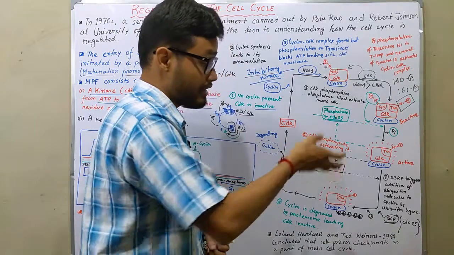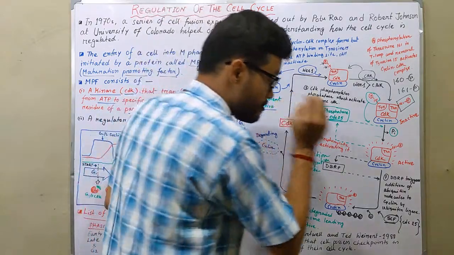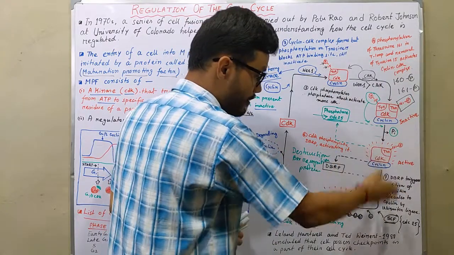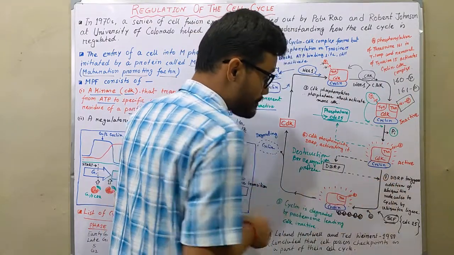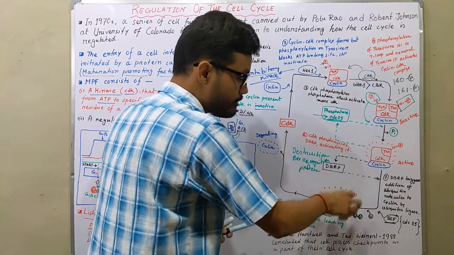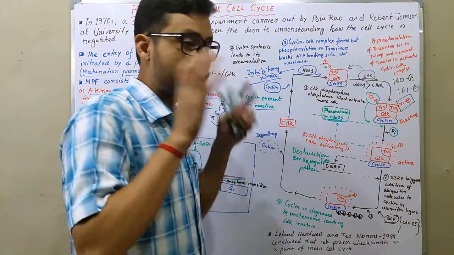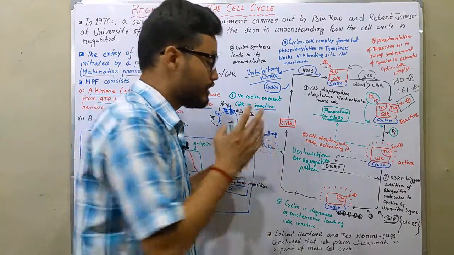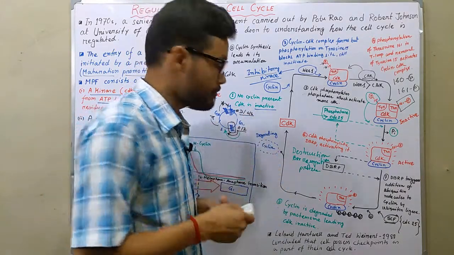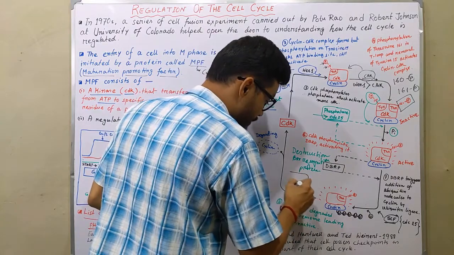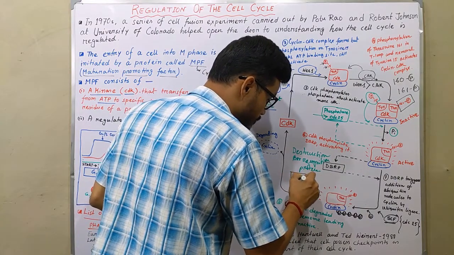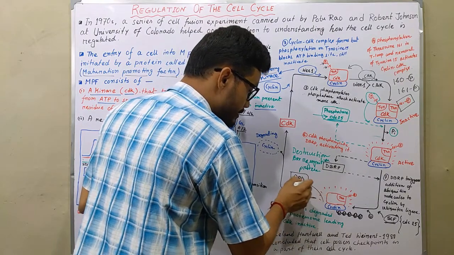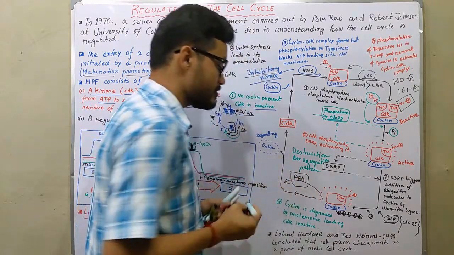I told you about SCF in my previous video. So SCF ubiquitinates the whole cyclin, because whenever a protein needs to be destroyed, needs to be degraded, it should be passed through a large complex known as the proteasome complex.